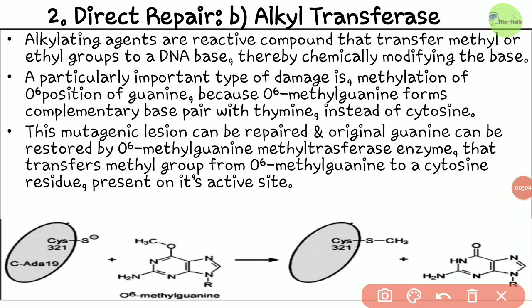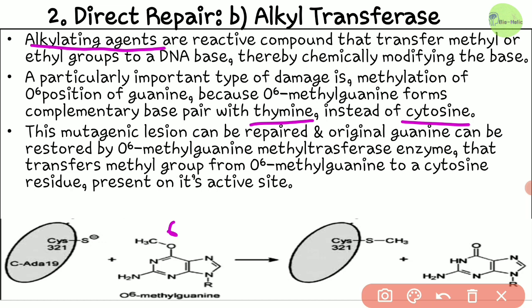Next, the second type of direct repair system deals with damage resulting from the reaction between alkylating agents and DNA. Alkylating agents are reactive compounds that transfer methyl or ethyl groups to a DNA base, and thereby chemical modification can occur. A particularly important type of damage is methylation of the O6 position of guanine, because the product O6 methyl guanine forms a complementary base pair with thymine instead of cytosine.